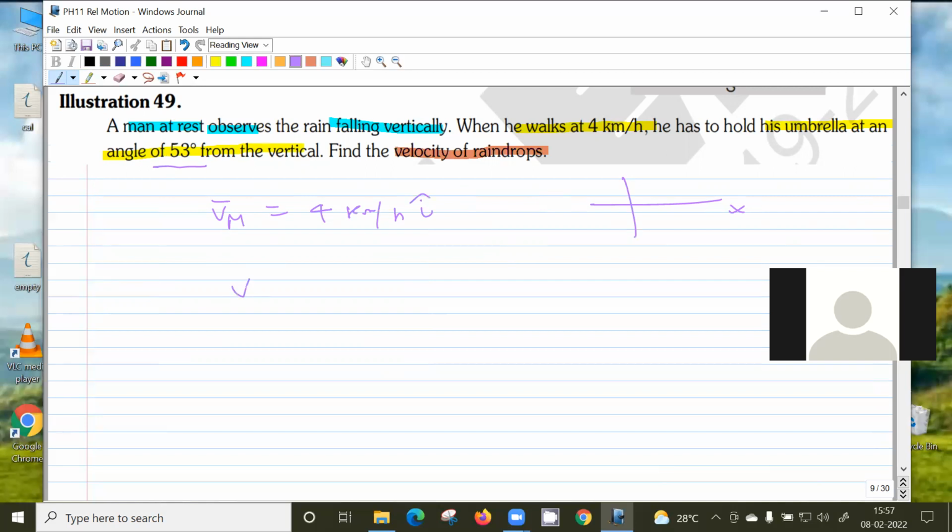The direction of velocity of rain with respect to man I can represent by a cap vector, like this.